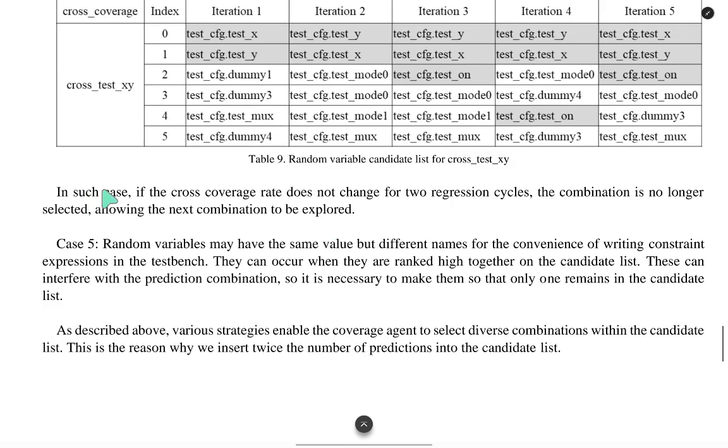In such cases, if the cross coverage rate does not change for 2 regression cycles, the combination is no longer selected, allowing the next combination to be explored.